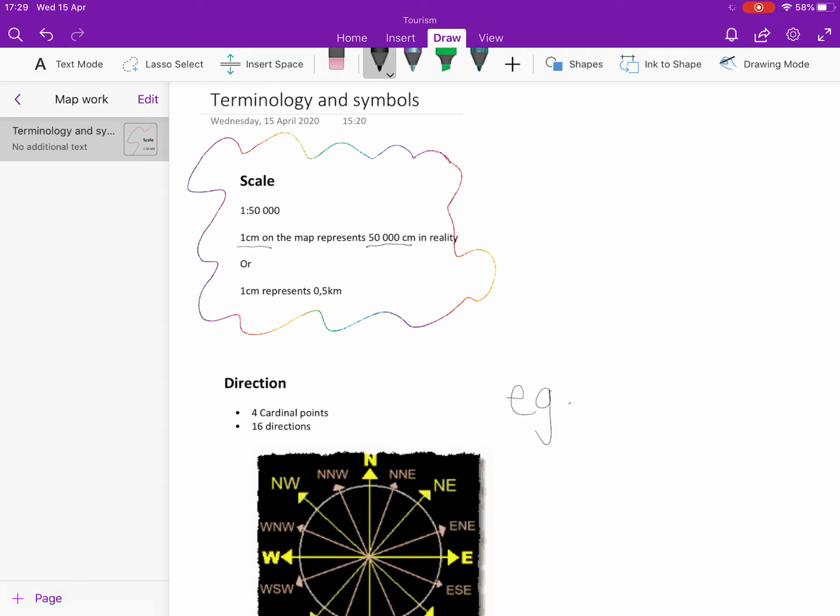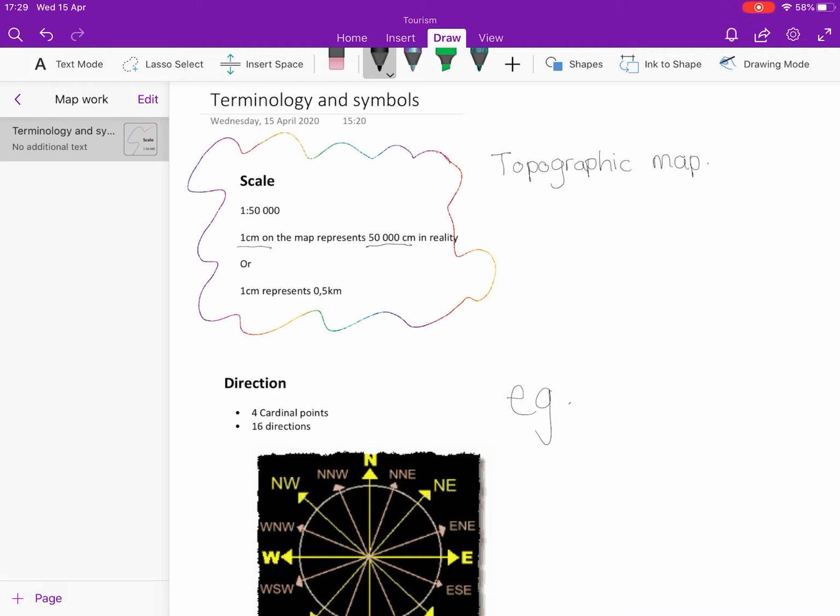Okay. So this is your common map that you will get, and the one that we work with most often, which is called a topographical map. This map always has a scale of 1 to 50,000.